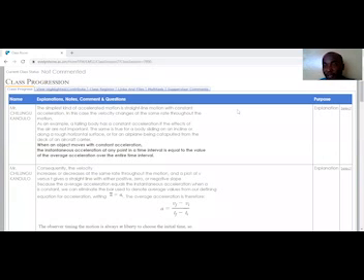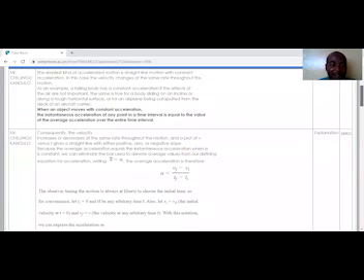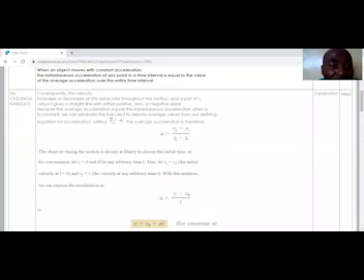There's a bar there, the a bar, which is average acceleration. So you drop the bar, because there's nothing like average, nothing like instantaneous. So now a equals final velocity minus initial velocity over final time minus initial time.